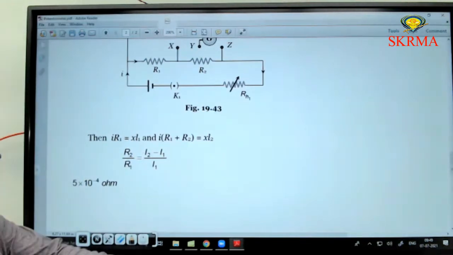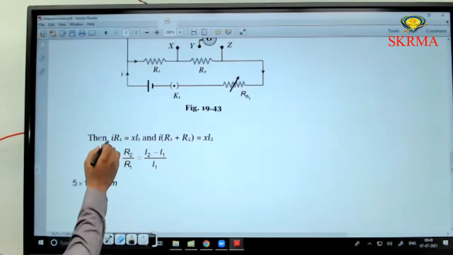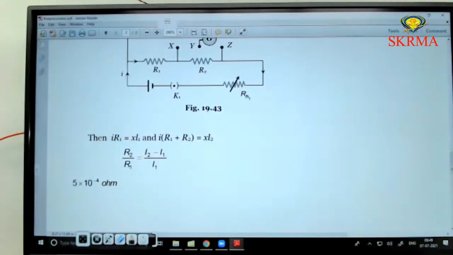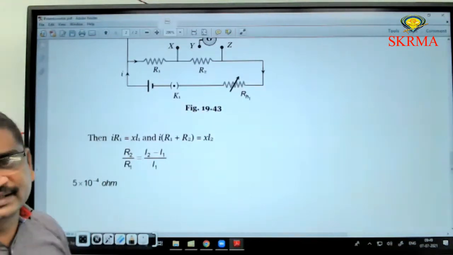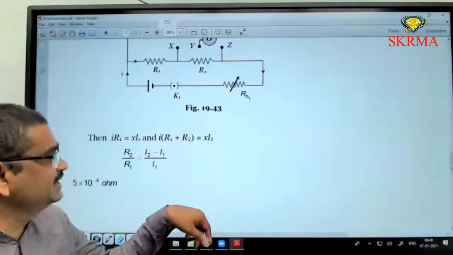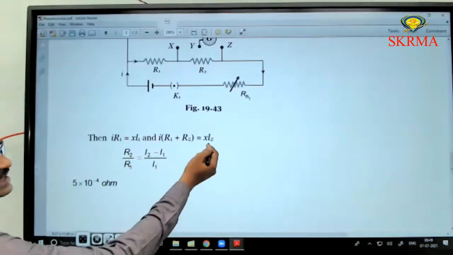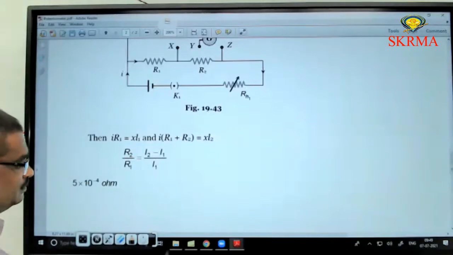In the first case, only R1 is connected, so I into R1 equal to X into L1, where X is the potential gradient. In the second case, resistors are connected in series, so replace R1 with R1 plus R2. Then the balancing length is L2.